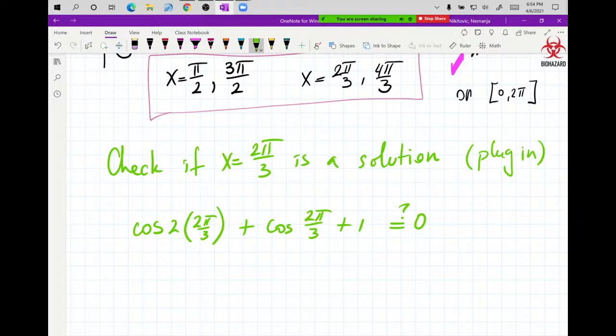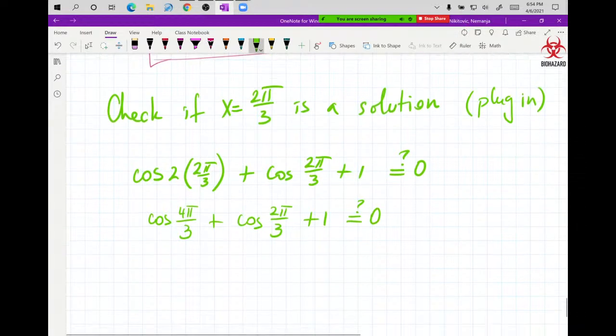All right. So I have cosine of 4 pi over 3 plus cosine of 2 pi over 3 plus 1 is supposed to be 0.